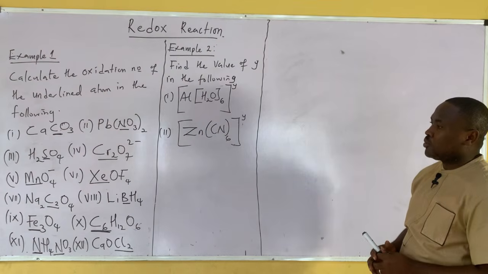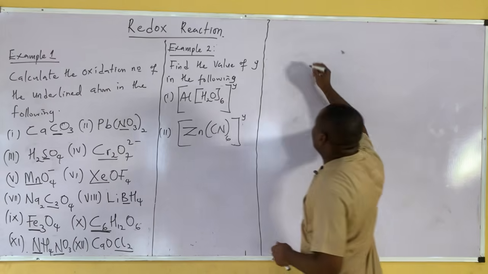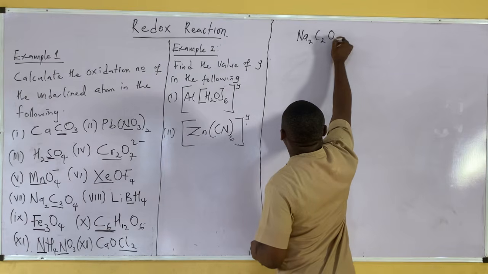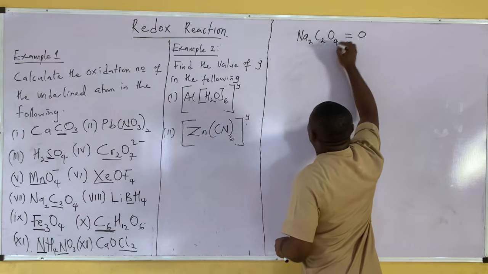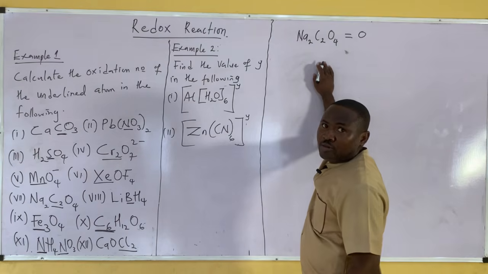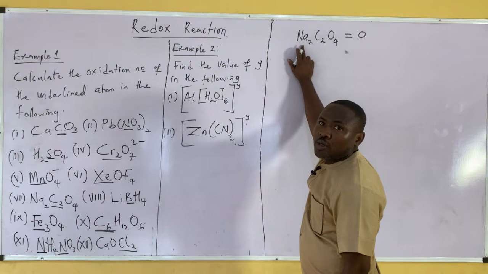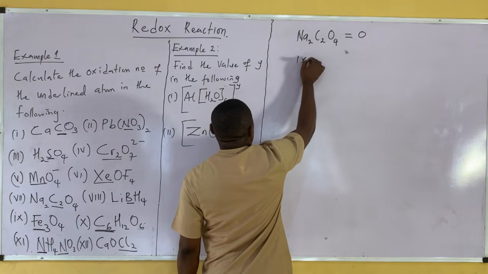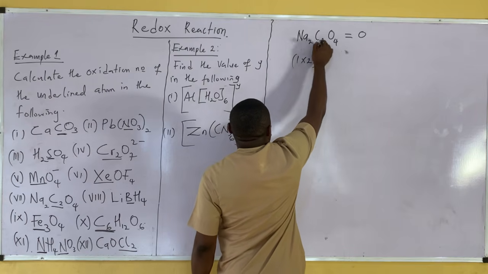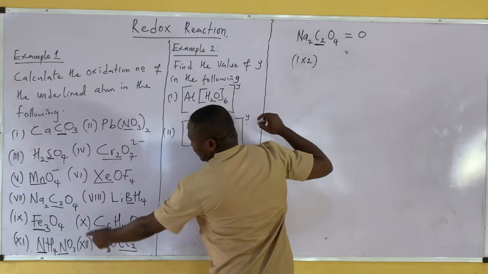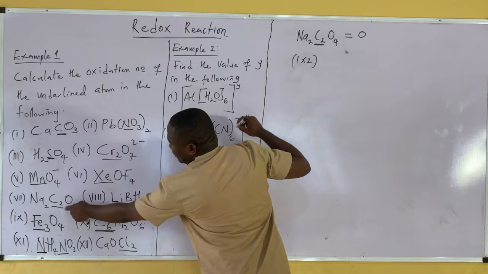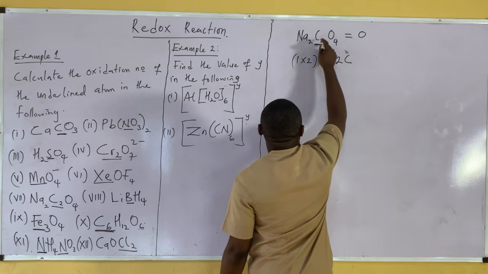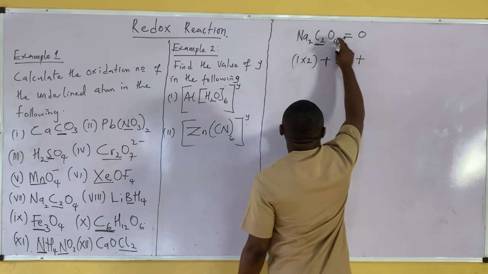So let's look at question number 7. Question number 7, we have Na2C2O4. Everything will be equal to 0. Oxidation number of a compound equals 0. So what is the oxidation number of sodium? It is plus 1. Now it means that I have 1 times 2. That's for sodium. Remember, we are looking for that of carbon. It was stated in our question number 7. So now plus I have 2C, that's for carbon, then plus, what about this?